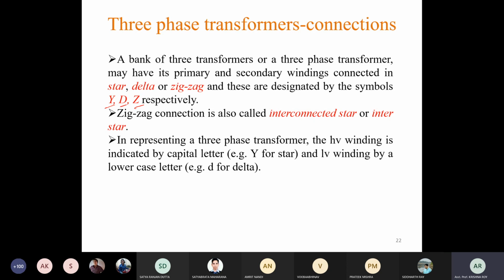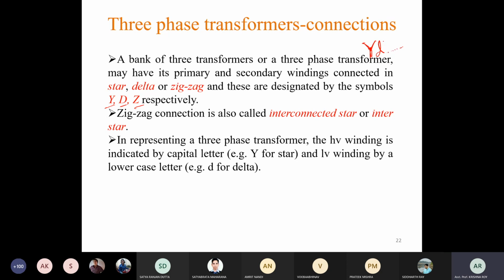Suppose a transformer has its high voltage winding connected in star. You have to write first capital Y, then if its low voltage winding is connected in delta, then you have to write Yd. Then you have to write which phasor group it belongs to; that we will discuss later on.